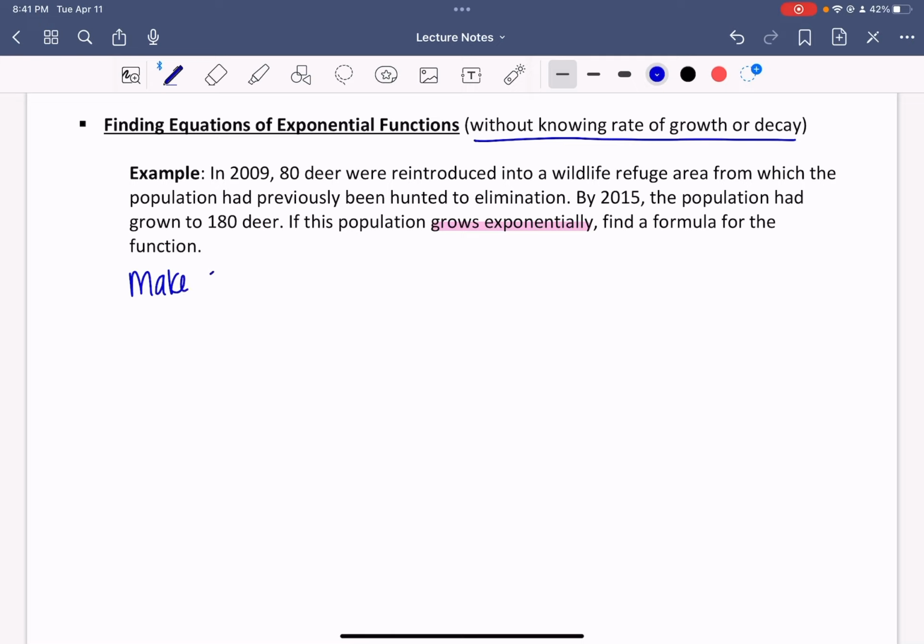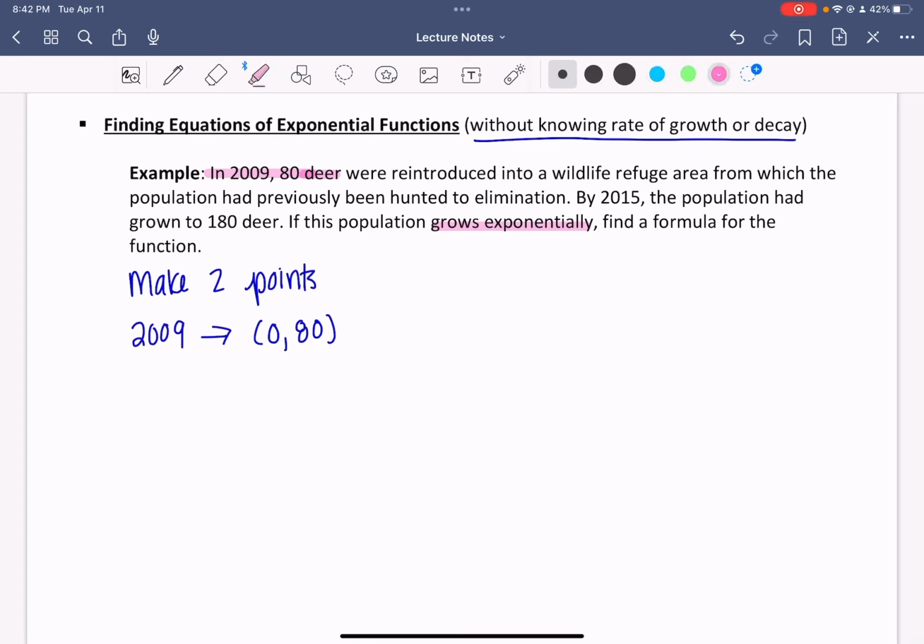I first want to make 2 points. So I want to kind of pull our data from this paragraph. So I can see that in 2009, there was 80 deer. So that means in 2009, that's going to be our starting year. And so I'm going to say at year 0, I have 80 deer.